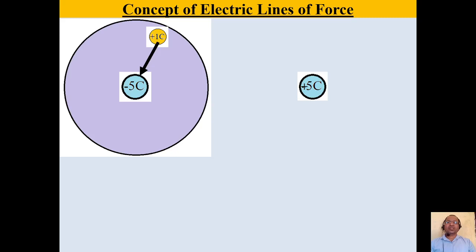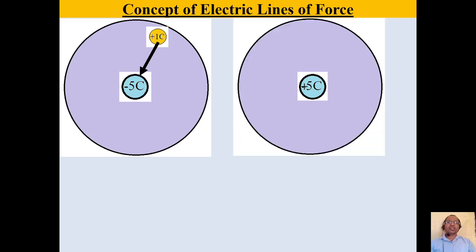Now if we consider a plus 5 coulomb charge, again we will consider its electric field around itself. A test charge is brought in the electric field of the given charge. Now two charges are positive, so these are like charges. Like charges always repel each other, so the plus 1 coulomb test charge will be repelled by the given charge, and the direction of the force of repulsion will be away from the given charge.